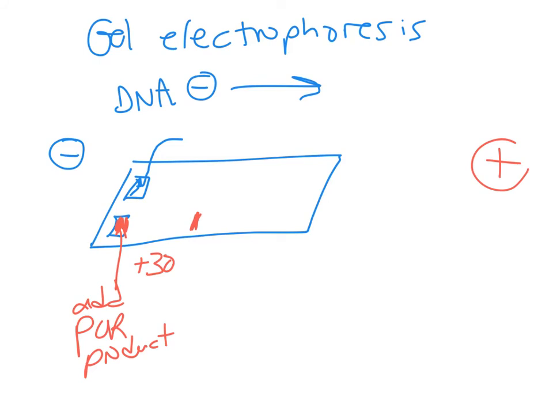We need some molecules also on this gel of DNA of known sizes, a positive control, say. So in this other well, we load a mixture of synthesized DNA molecules we affectionately call DNA ladder. You could also call it a molecular weight standard.